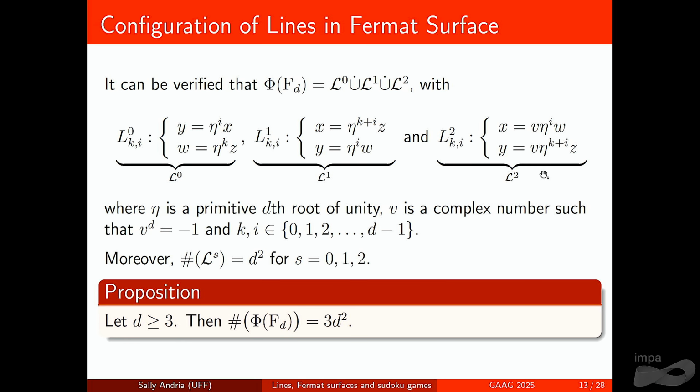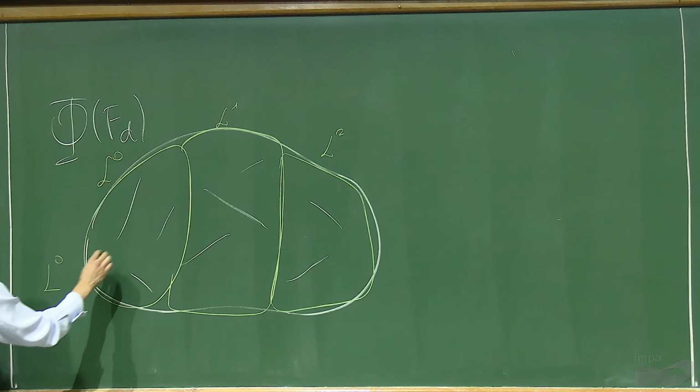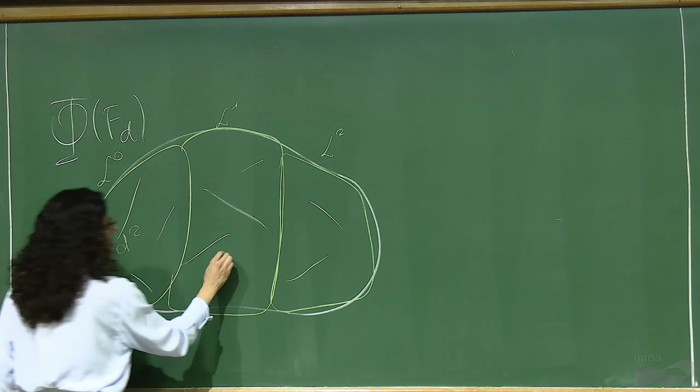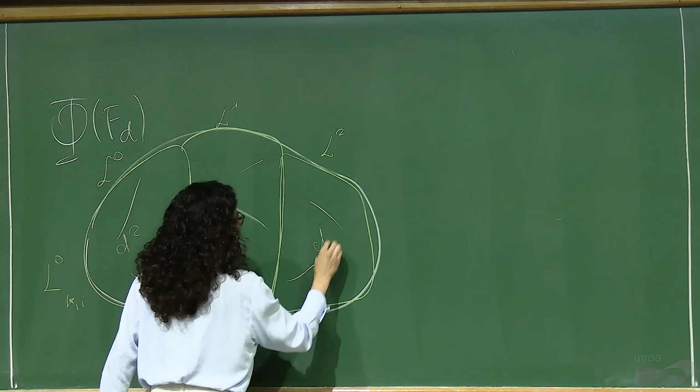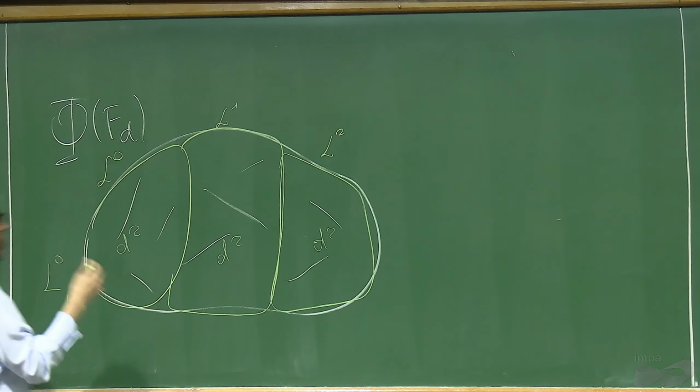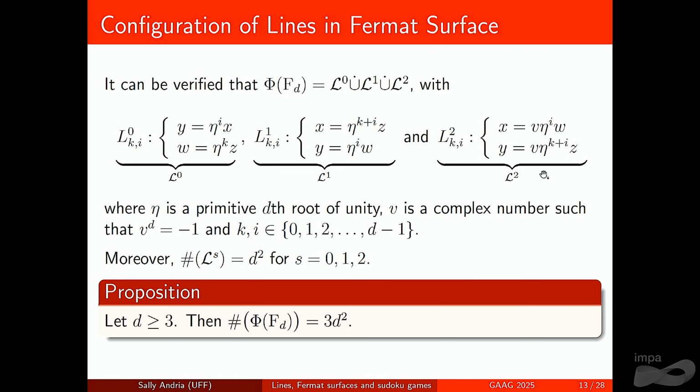So we can see that we have D squared lines in every subset of this stratification. So the number of lines in the Fermat surface is 3D squared. Problem 1 solved.